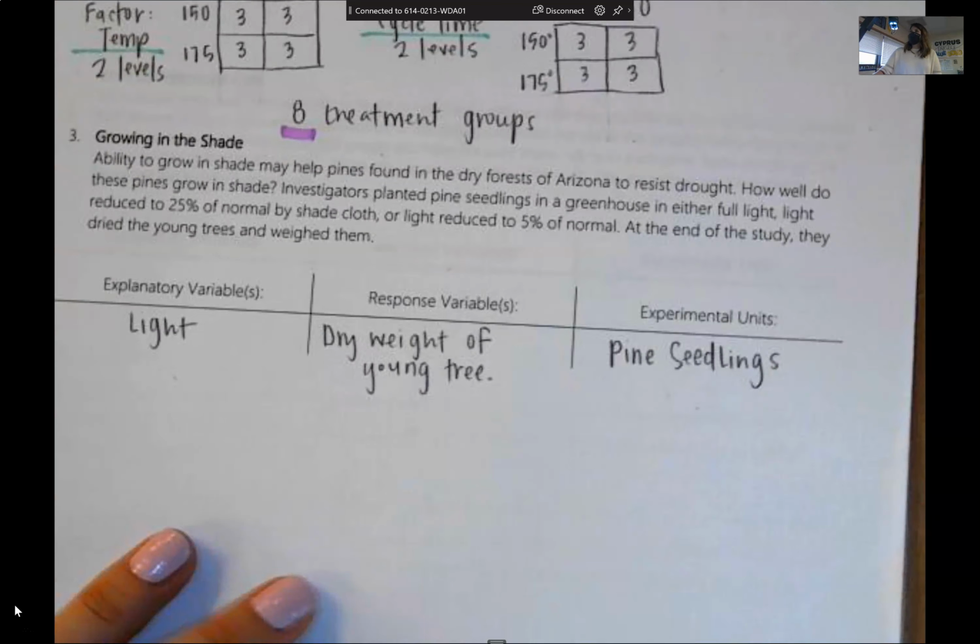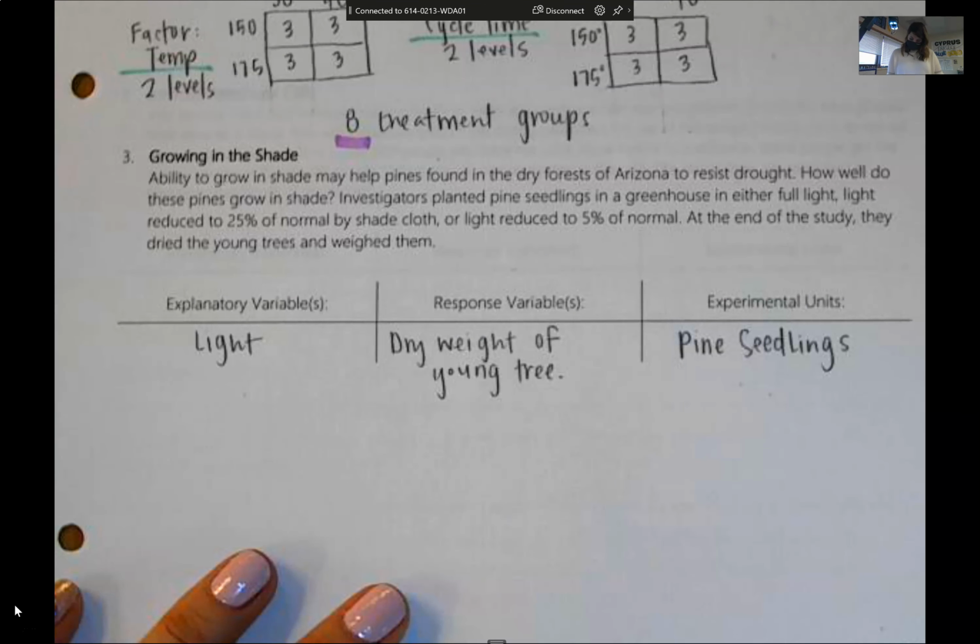Okay, there's my first 3 things. About 30 more seconds and I'll show you my picture.